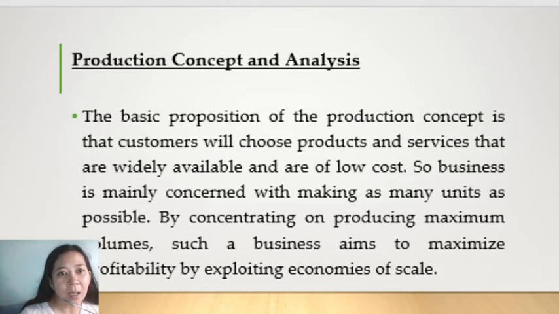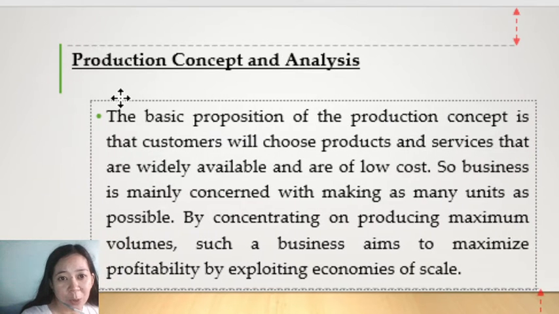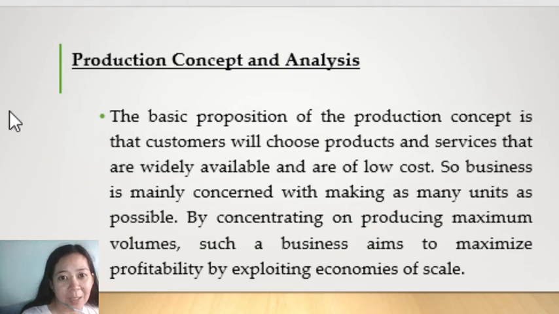So the basic proposition of the production concept is that customers will choose the products and services that are widely available and, of course, of low cost. So business is mainly concerned with making as many units as possible because they want to earn more and sell more.